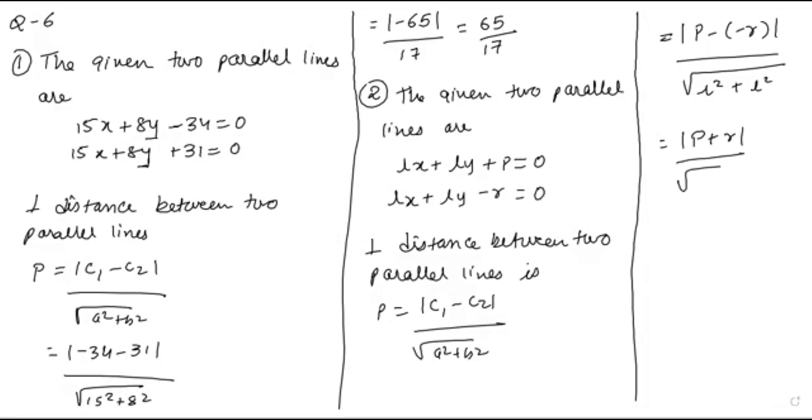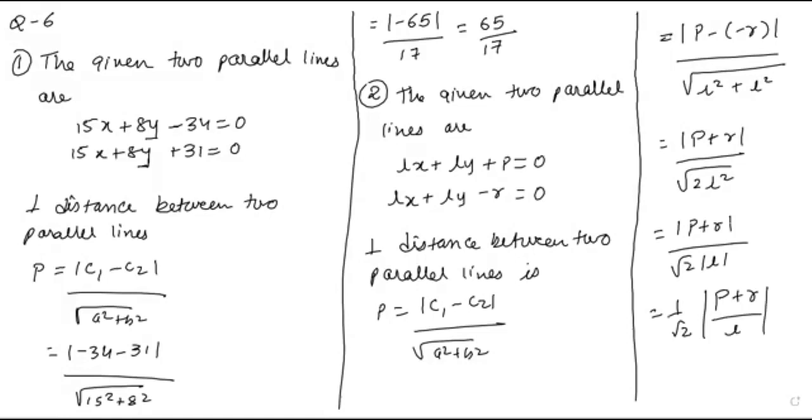So l square plus l square will be 2 l square. So mod p plus r upon, I can write this as root 2 mod l. So finally I can write this as 1 by root 2 mod p plus r upon l.